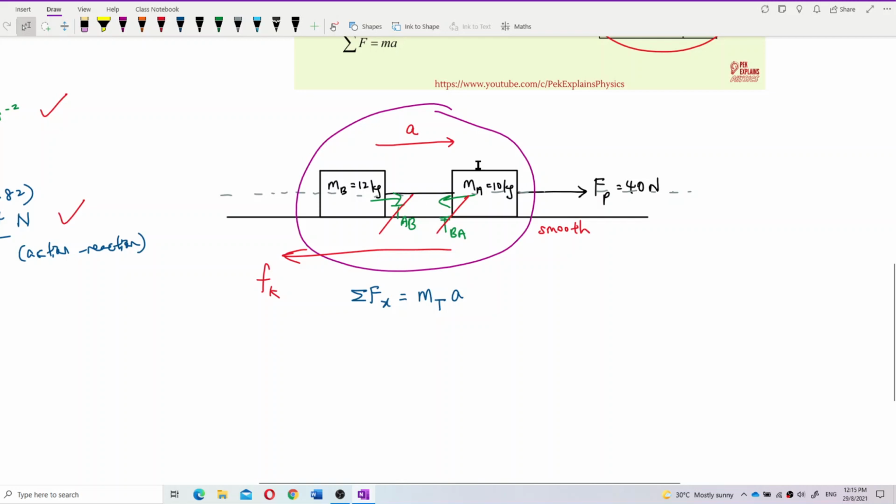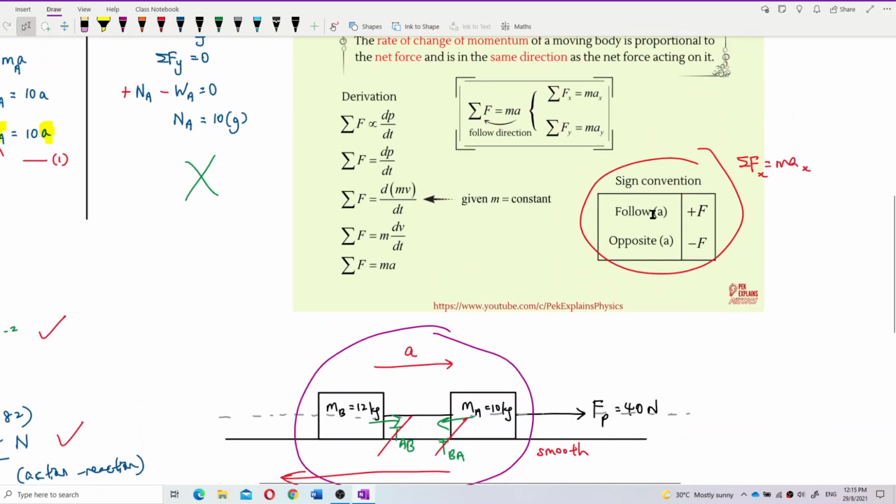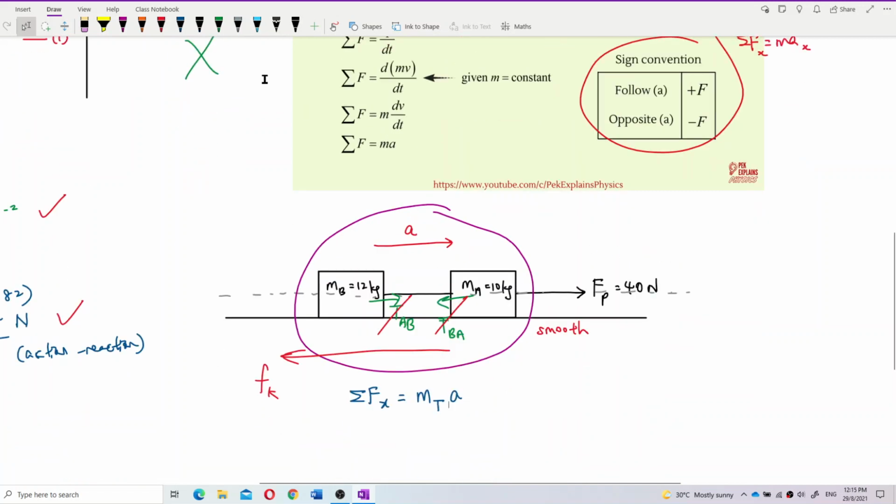The forces follow the same system: the direction of acceleration is positive, and opposite to the acceleration is negative. If the surface were rough, we would have friction and you would put a negative Fk.